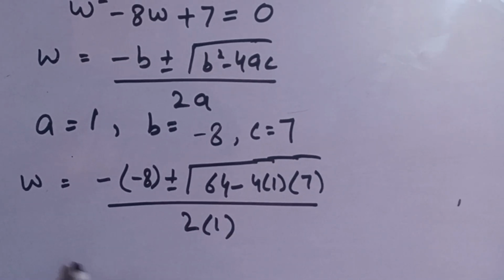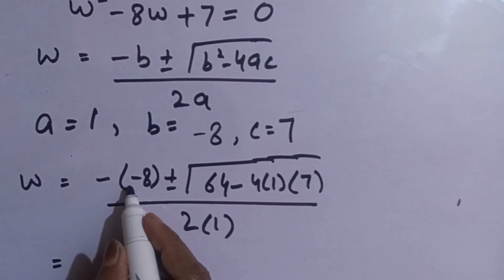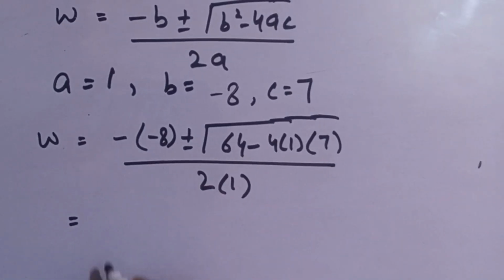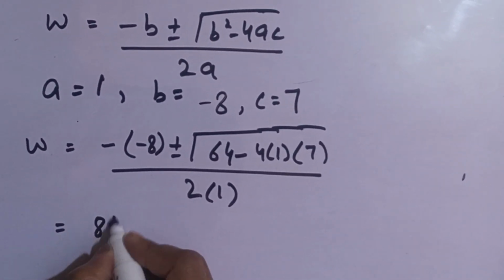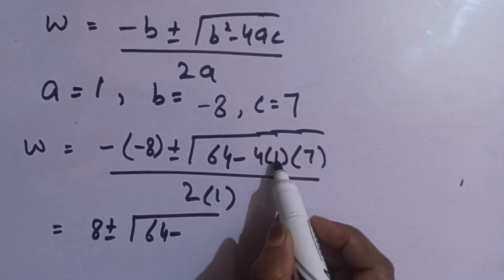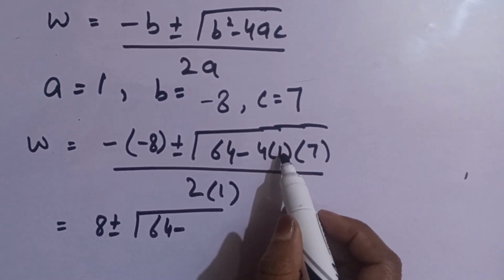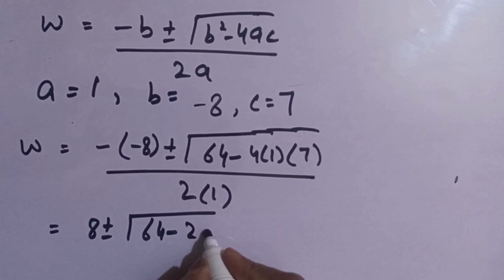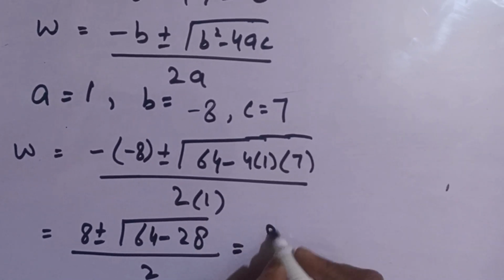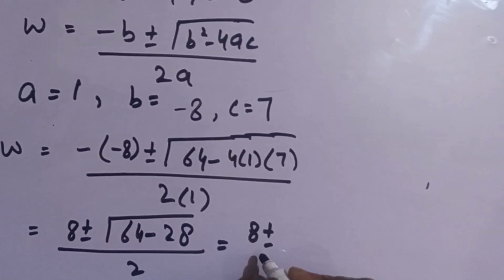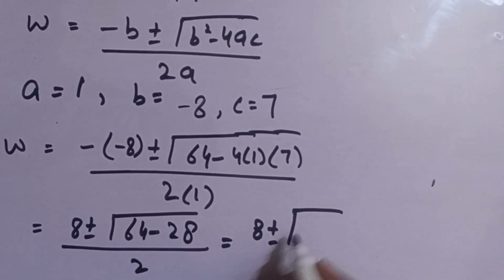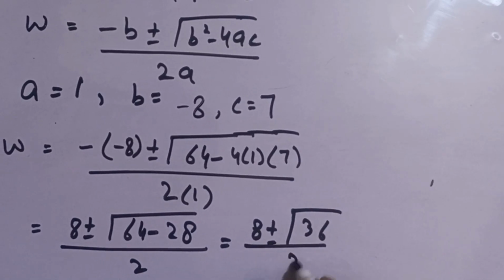Now simplify this. Minus and minus will become positive. So we have positive 8 plus minus square root of 64 minus, multiply 4 by 1, we get 4, multiply this 4 by 7, we get 28, over 2 ones are 2. Now we again simplify this. 8 plus minus square root of 64 minus 28 is 36, over 2.